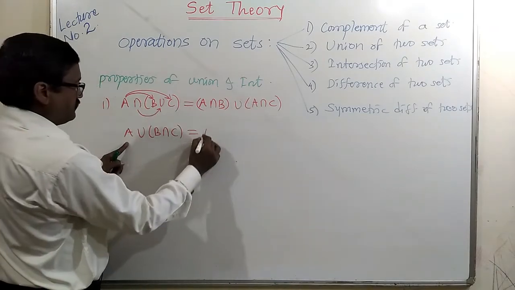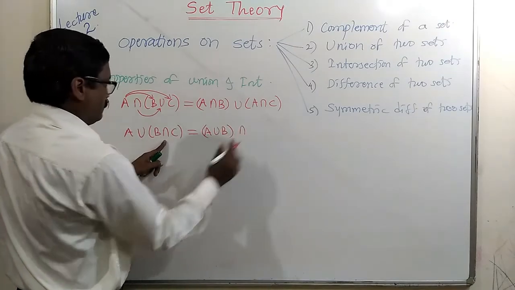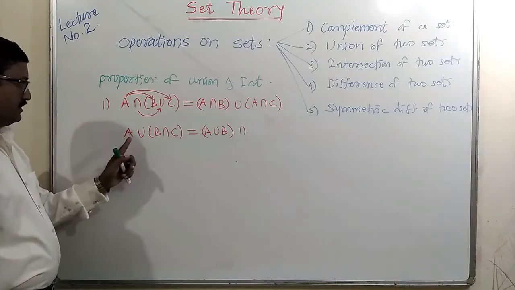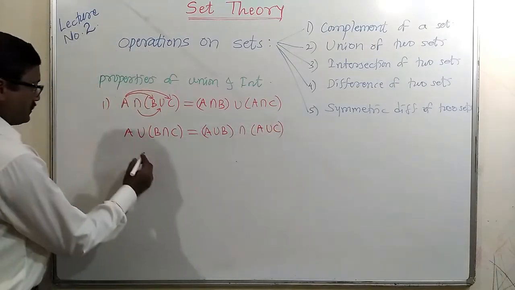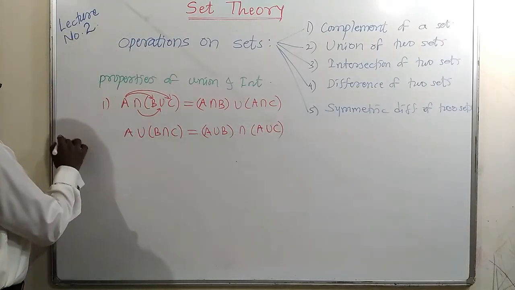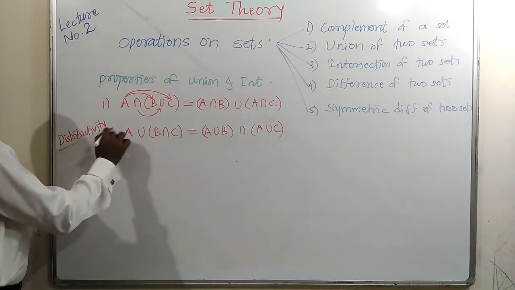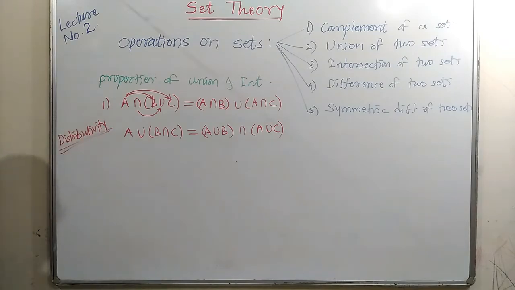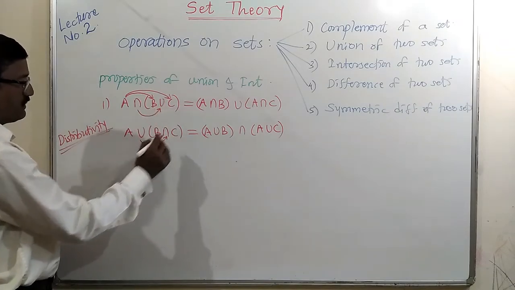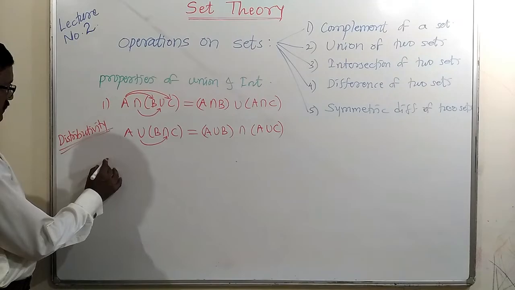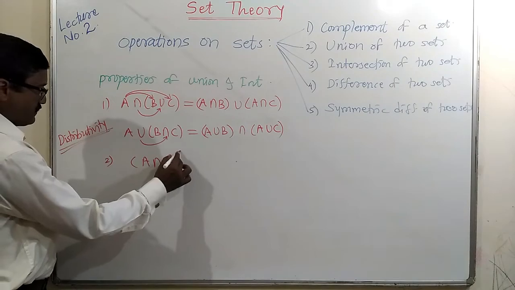Here A union B, intersection, which is inside the bracket, comes outside, and A union C. This property is called the property of distributivity. Intersection is distributive over union. Here union is distributive over intersection. Okay, let us see the next one, that is (A intersection B) complement.